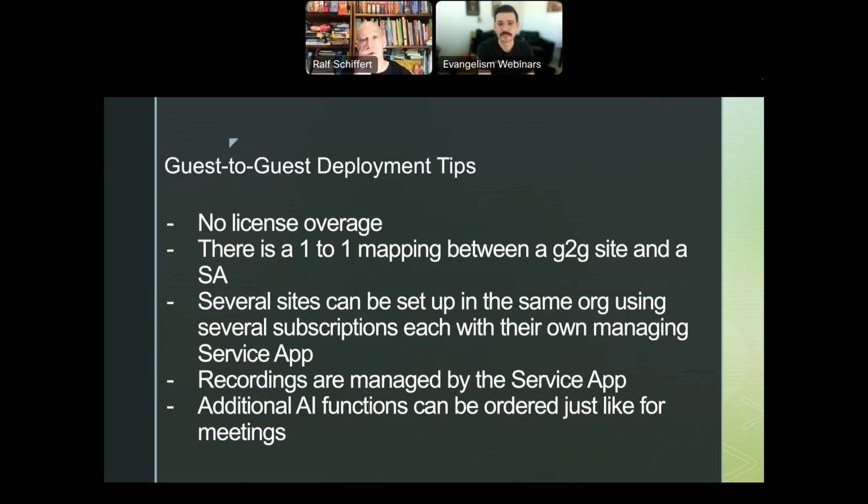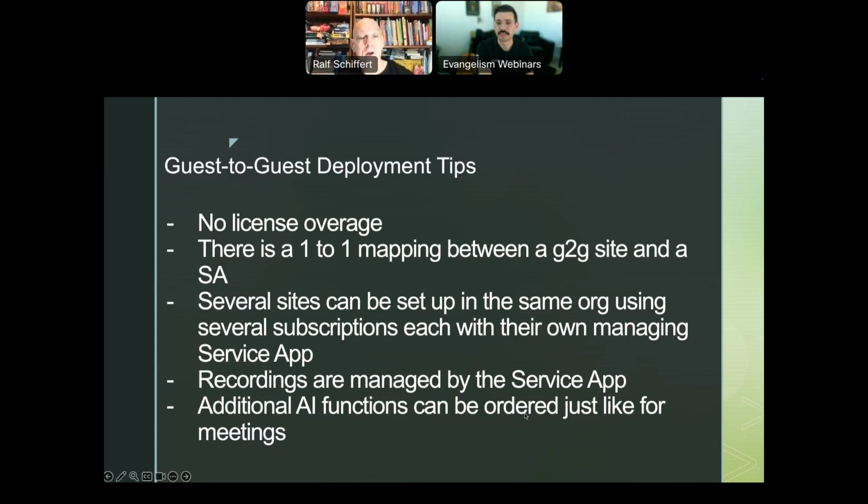So there may be a scenario where I say, okay, I want customer A on guest site A and customer B on guest site B. For example, if I want to do easy reporting on these different customers and not commingle the data, so that's one scenario. So you just order 2 subscriptions. And with that, you can set up in the same org 2 guest-to-guest sites. But remember, each service app needs to be uniquely assigned to a guest-to-guest site. So you need 2 service apps as well. 2 guest-to-guest sites, 2 service apps. That's how it works.